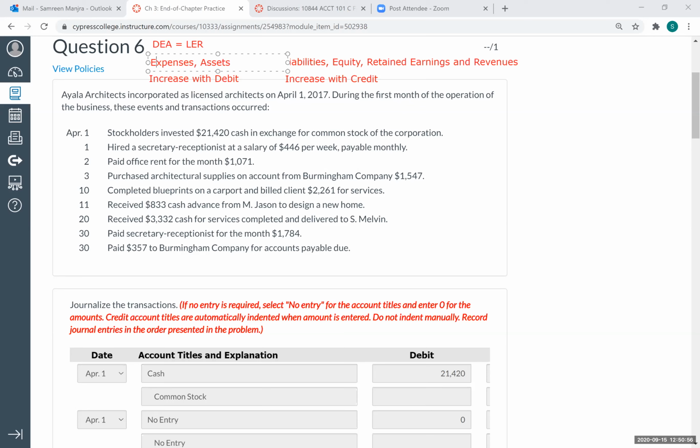You can think of dividends similarly, where dividends reduce the retained earnings of a company, and therefore they reduce equity, so we include dividends as increasing with debits.